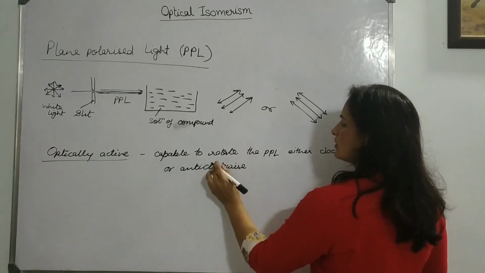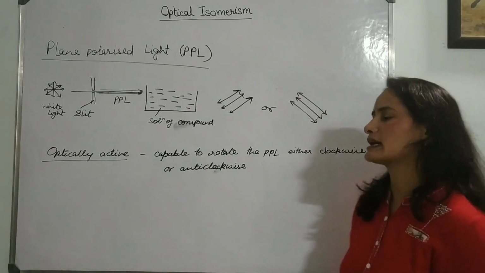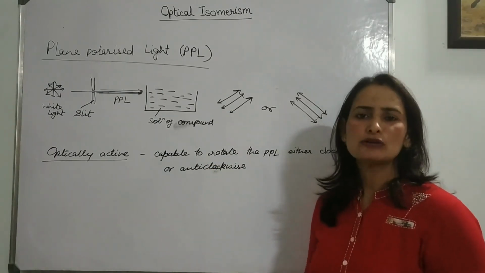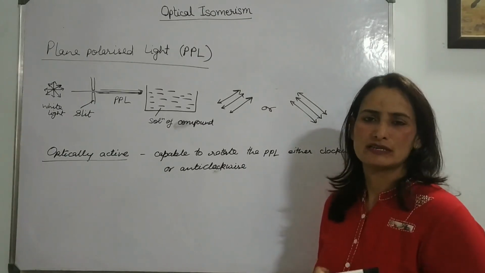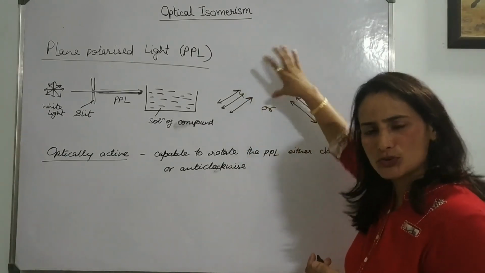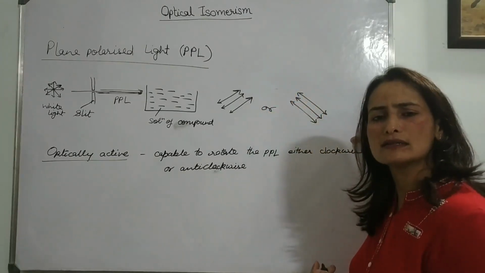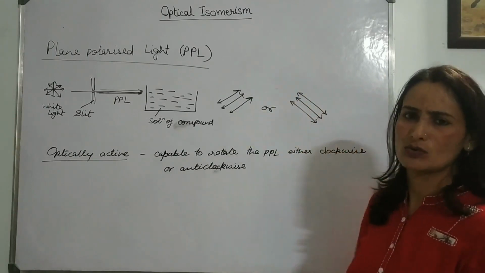Optically active compounds are able to show optical isomerism. They always have two isomers, one which rotates the light clockwise while the other rotates it anti-clockwise.